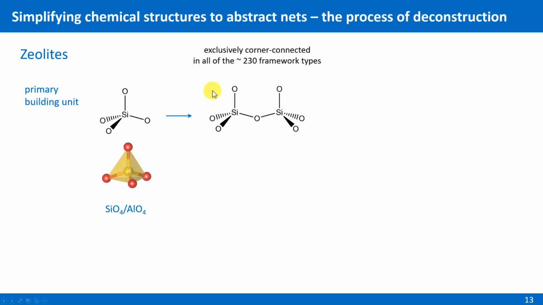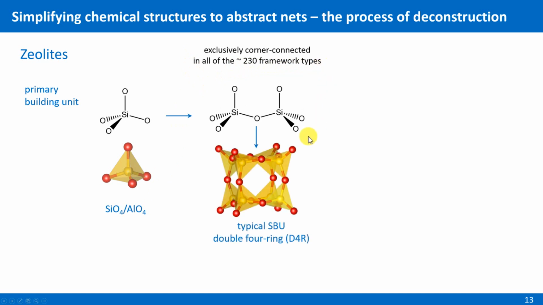And although this is valid for all zeolites, up to now approximately 230 different framework types are known. These different types are of course characterized by their rings and cages, which have different sizes. Here we see one of the typical secondary building units, such a double 4-ring, abbreviated D4R.